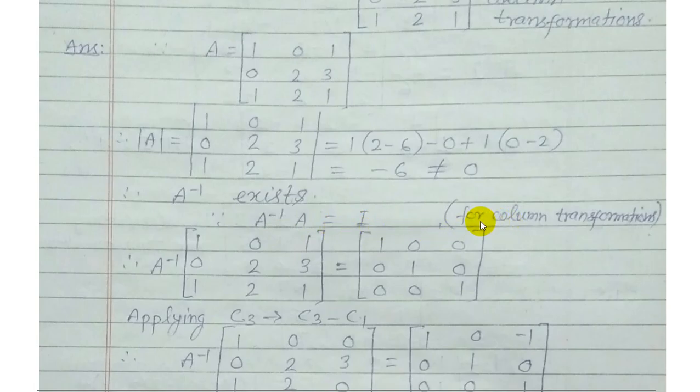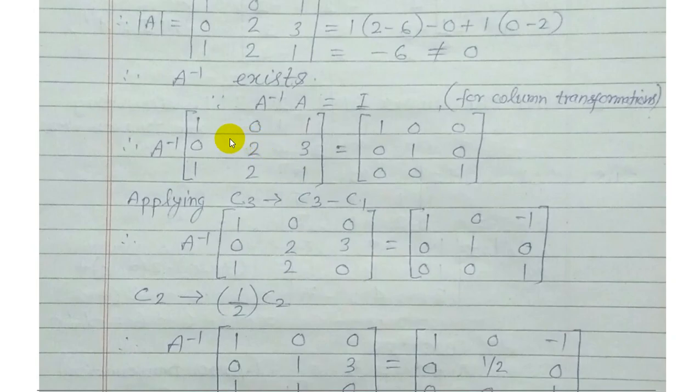For the row transformation, we should write A into A inverse equal to I. But for column transformation, we write always A inverse into A equal to I. So therefore, A inverse into matrix A equals the identity matrix of order 3, 3 rows and 3 columns. This is the value of I, 1 0 0, 0 1 0, 0 0 1, and this is the same matrix A, the value of A given in the question.